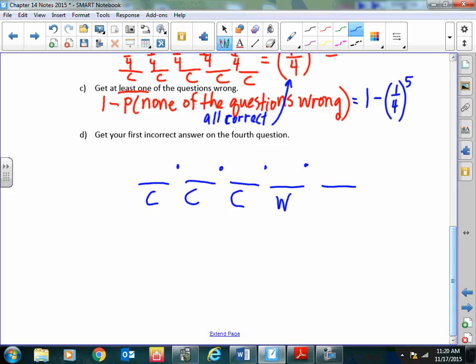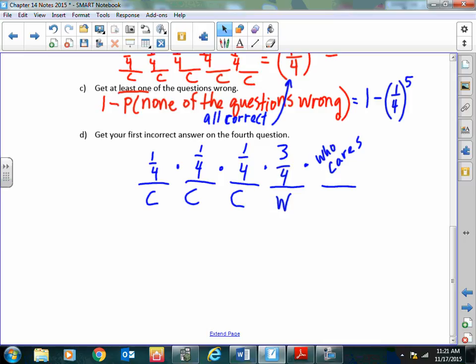So that defines the order as 1/4, 1/4, 1/4, and 3/4. Now what are you going to do with this last one? Who cares? You could leave it off completely, because whether they get it right or wrong, it doesn't matter. You could put a whole number 1 there. They haven't defined what that is, so you can just leave it off. And then that would be how you get your answer there.